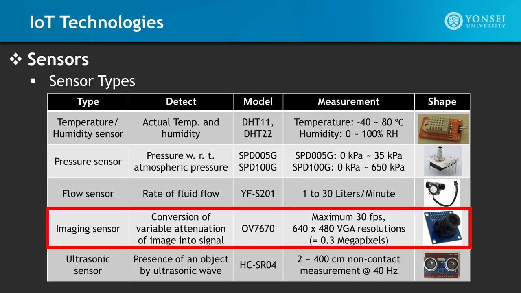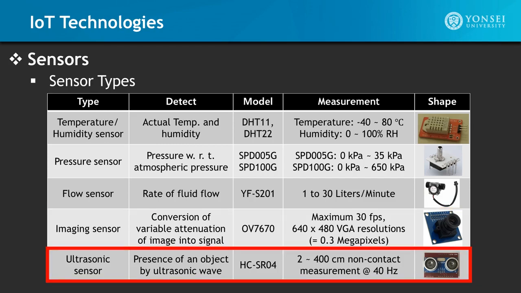These are typical numbers that you will see. Ultrasonic sensing, the presence of an object by ultrasonic wave detection. In the range of about 2 to 400 centimeters, non-contact measurement, and the measurements are based upon a 40 hertz measurement mechanism. These are the typical sensor devices.